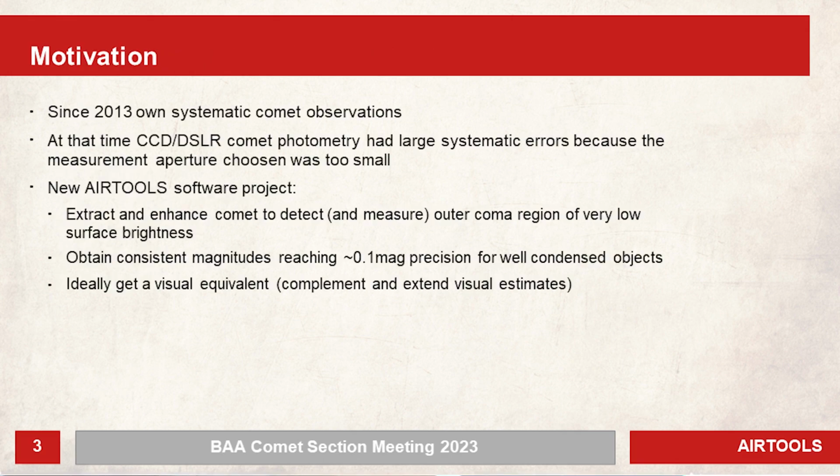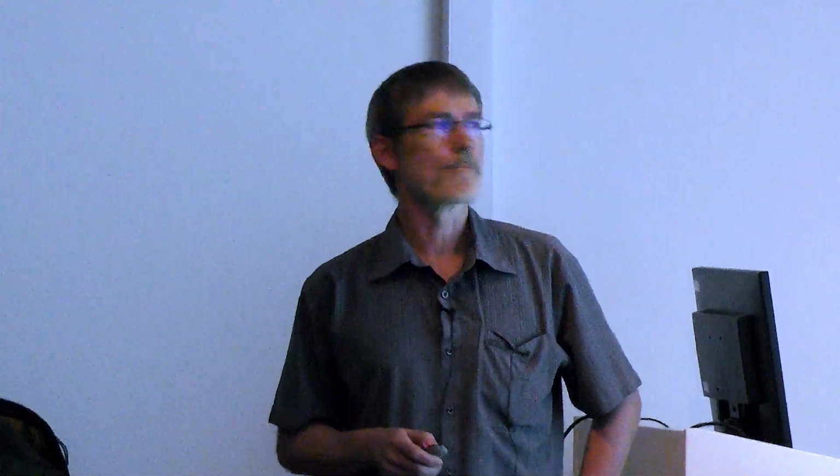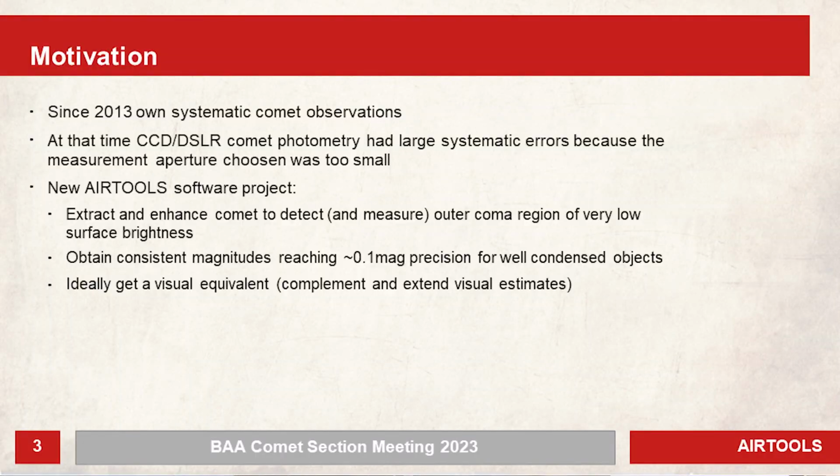I started systematic observations around 10 years ago using a DSLR camera, and at this time it was really difficult to compare visual observations and CCD observations. There was a huge gap and you could not fit the data together. Essentially it was because of the small measurement aperture you were using with the CCD data.